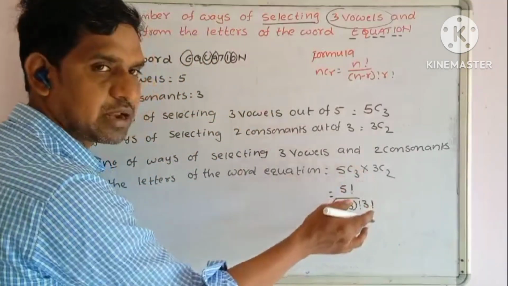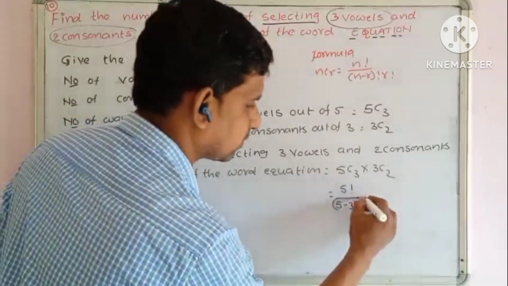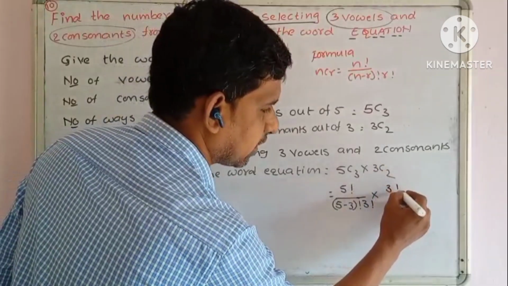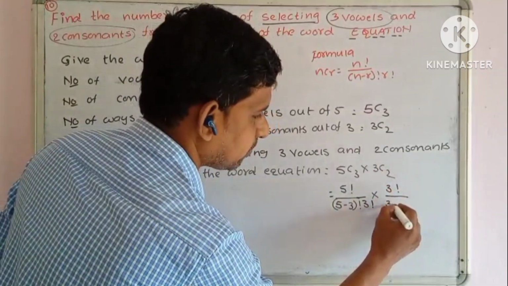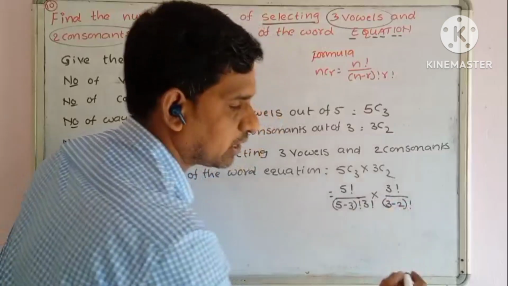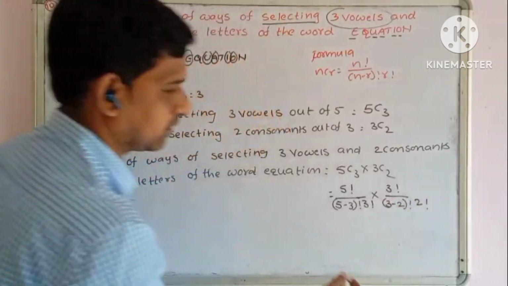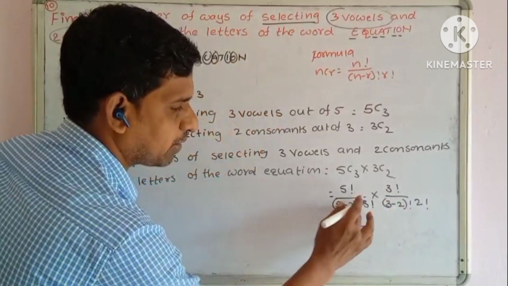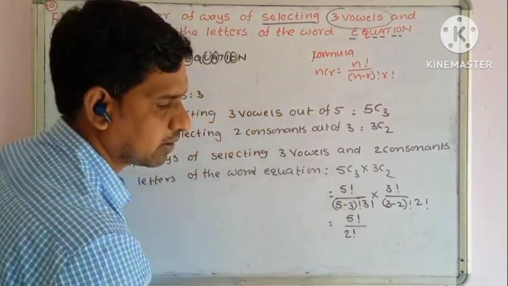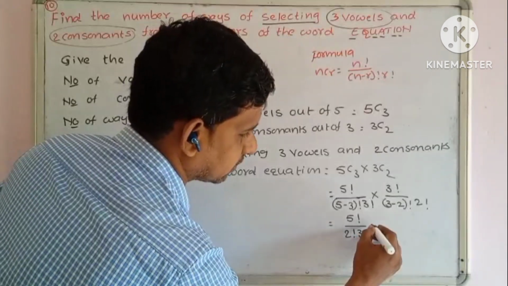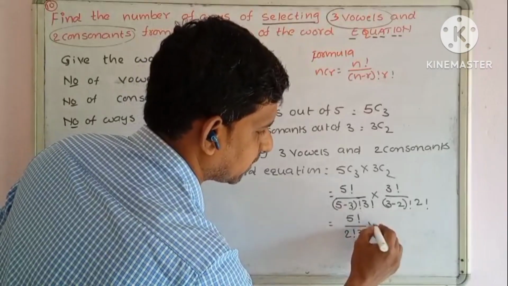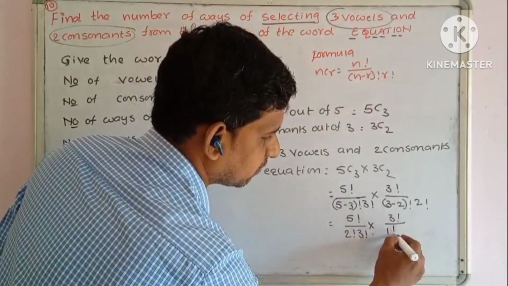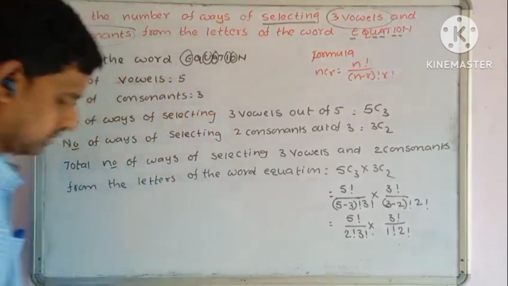Multiply with this, which is also nCr: n factorial by (n minus r) factorial into r factorial. So that equals 5 factorial by 2 factorial into 3 factorial, multiplied with 3 factorial by (3 minus 2), 1 factorial into 2 factorial.